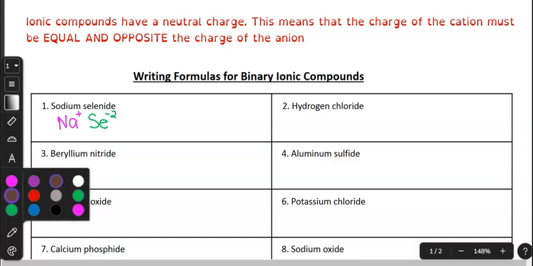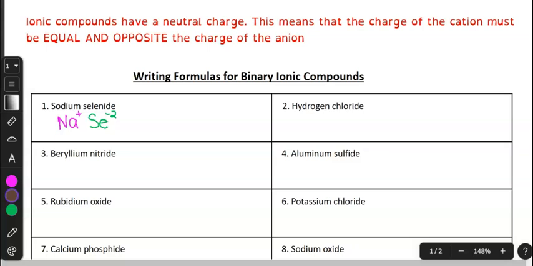So if you look at the charges, you can see that they are not equal and opposite, because sodium has a charge of +1 and selenide has a charge of -2. So in order to make them equal and opposite, we need to add a second sodium, like so.